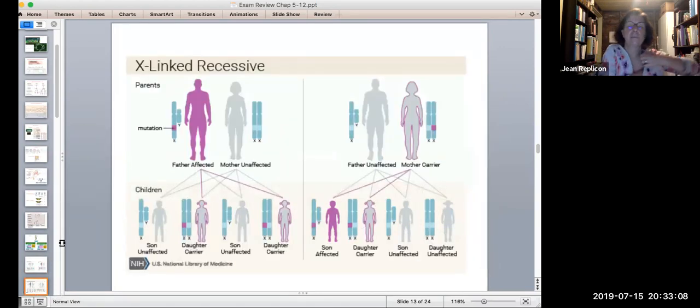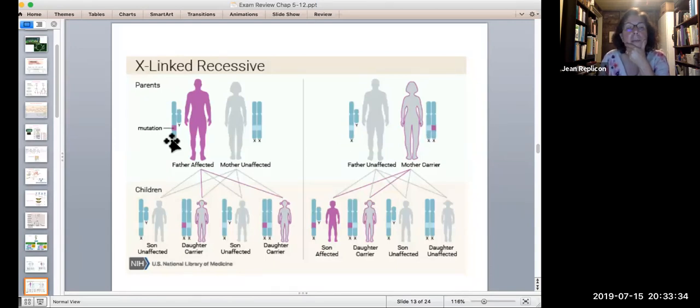X-linked has a different appearance to it. In X-linked traits, it's carried on the X chromosome. And so therefore, we can see with females, a female can be a carrier. A female can have 1 copy of it and it doesn't show. She carries it, but she's not showing, she's not affected.